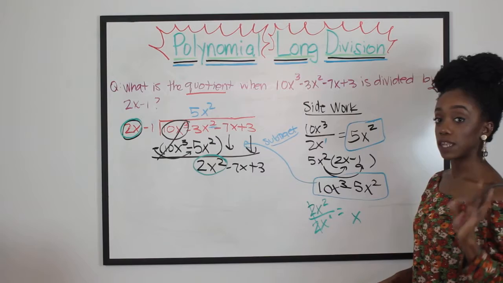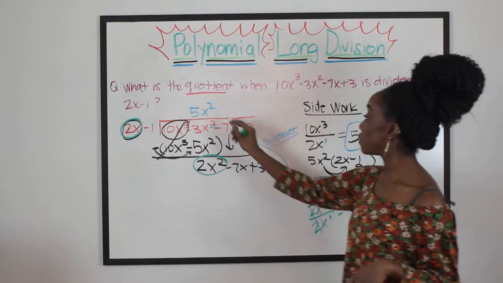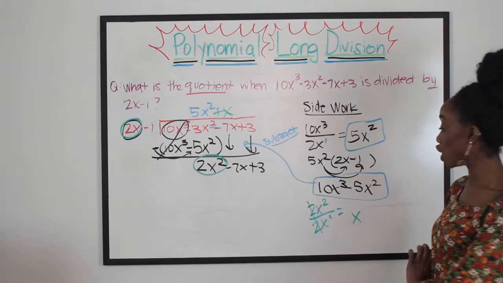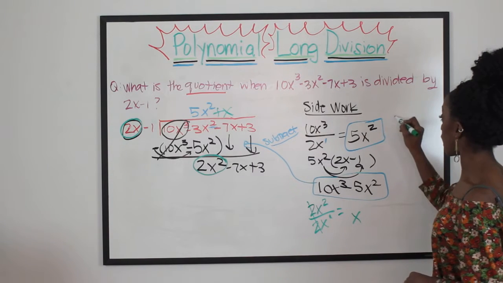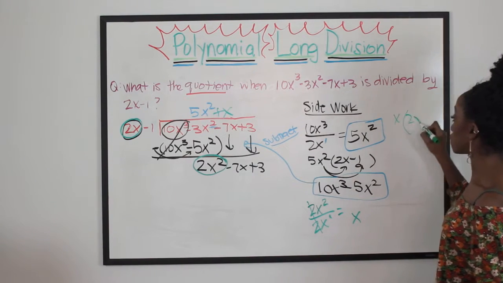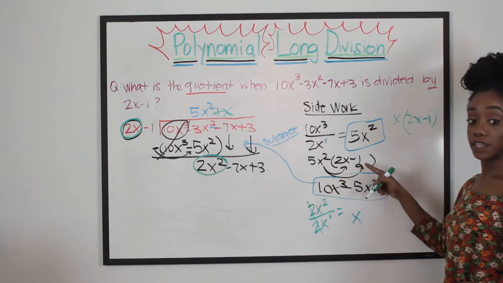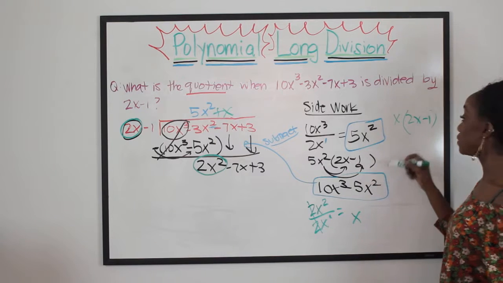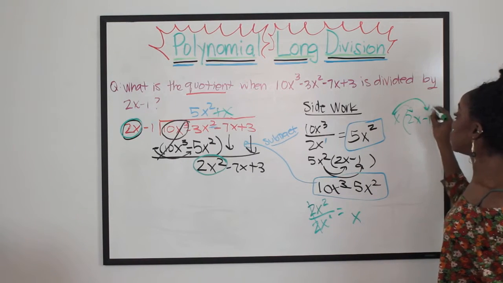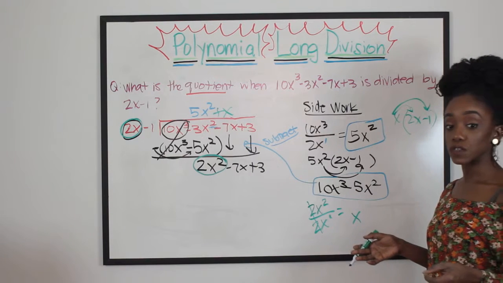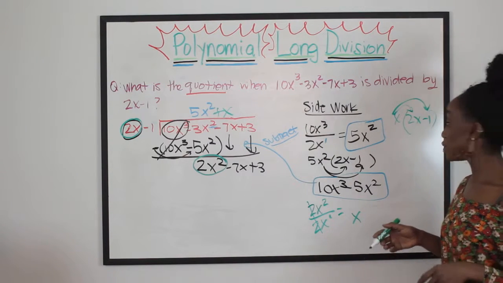Not bad. Now we're going to take that. Since it's a positive x, we're going to put plus x up there. And then we're going to multiply it back. So we have x times the 2x minus 1. That's the same step that I did right here. I'm just repeating the steps over. You essentially do this until you cannot divide anymore.